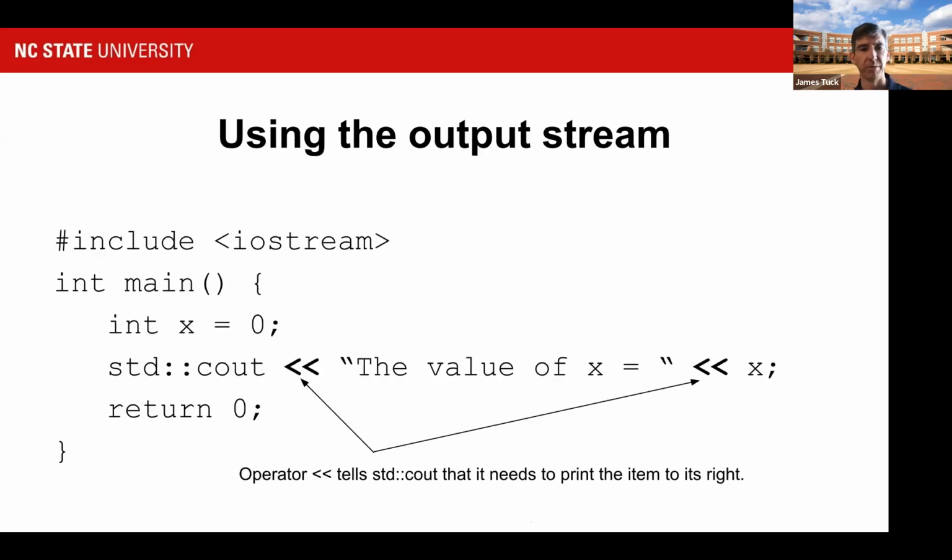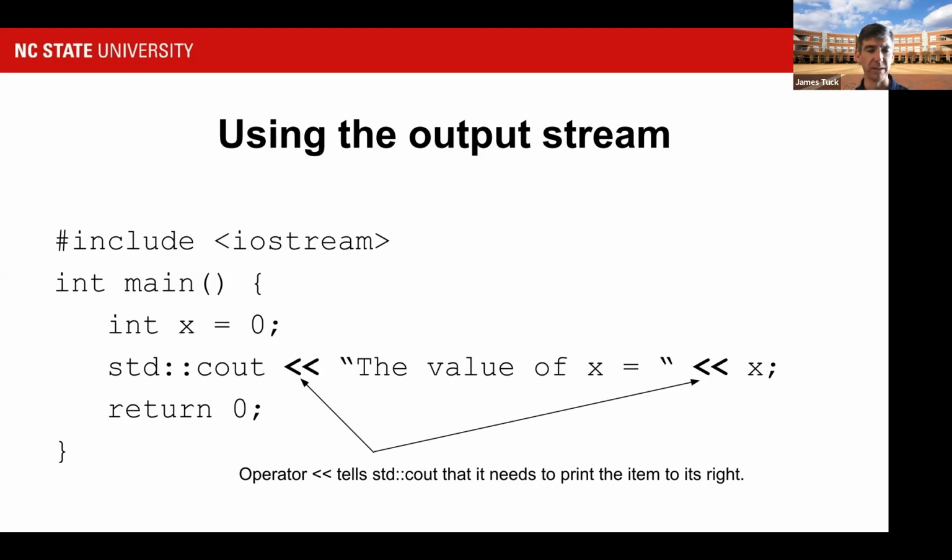Okay, so here's an example of how to use COUT. In order to use COUT, I need to include the header iostream. And so I include iostream in my C++ file. And then inside main, I want to print out the value of variable X. So what I do here is I name the object, and then I'm going to use this special operator, two less than signs back to back with no space in between.